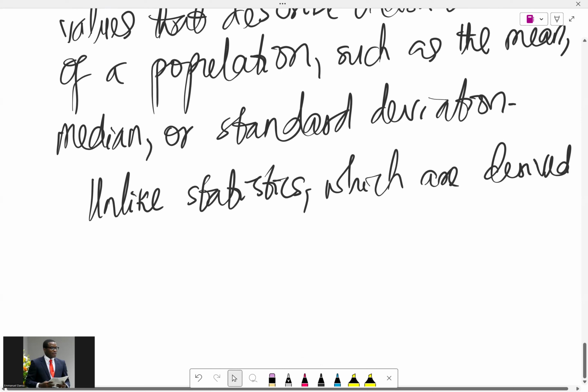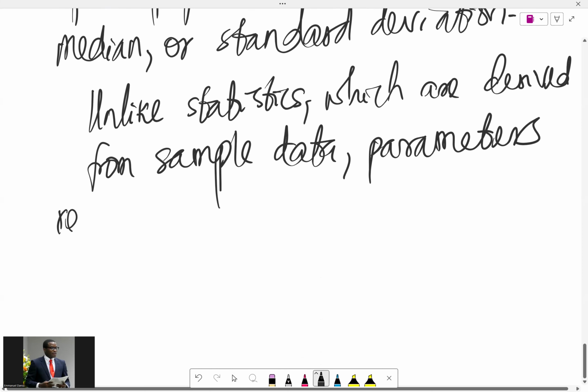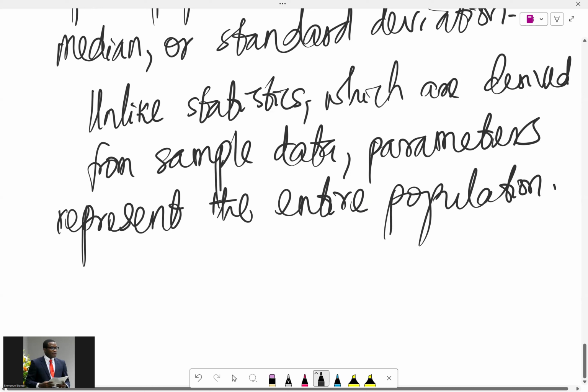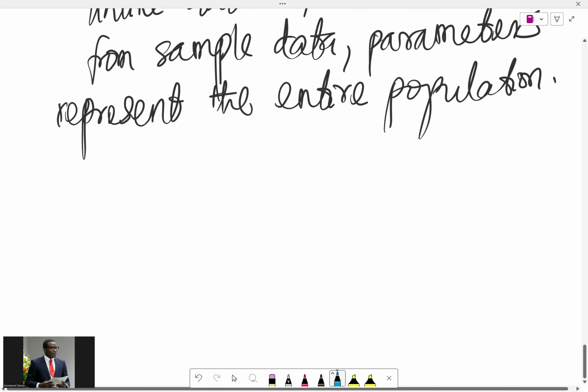So unlike statistics, which are derived from sample data, parameters represent the entire population. So you have parameters for the entire population, while you have statistics for your sample data. That's why you can say sample statistics and population parameters. And then I go for the fifth one, talking about array.